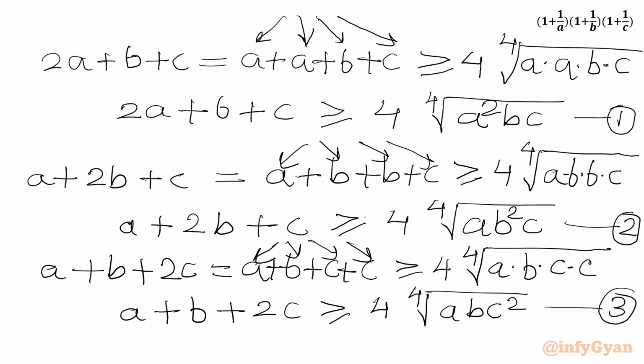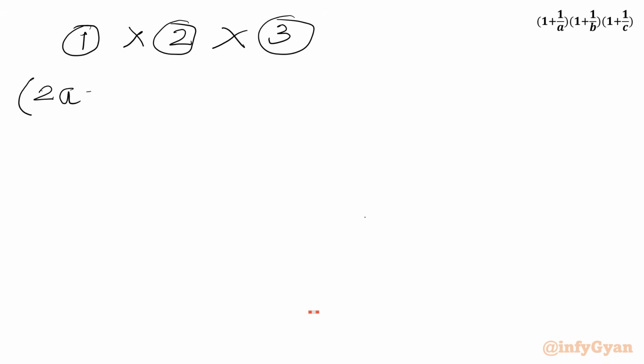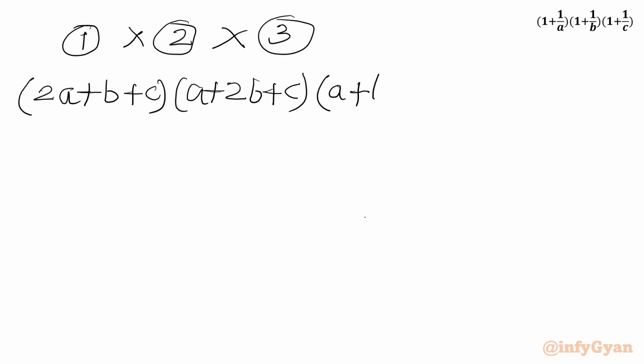Now we have to multiply all the 3 inequalities. So let me write here inequality 1 times 2 times 3 will be 2A plus B plus C times A plus 2B plus C times A plus B plus 2C greater than or equal to 4 times 4 times 4.